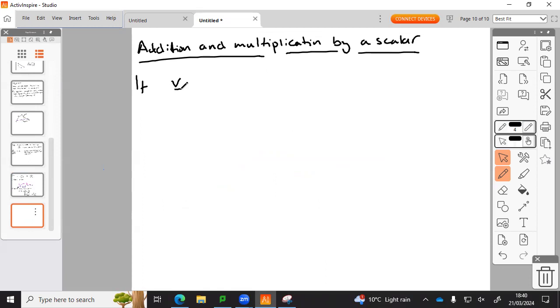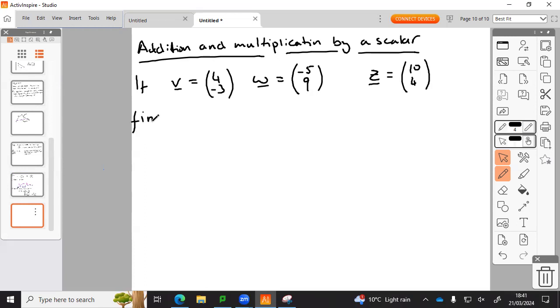So V... all we're doing in that case, 4V is just 4 multiplied by that component.